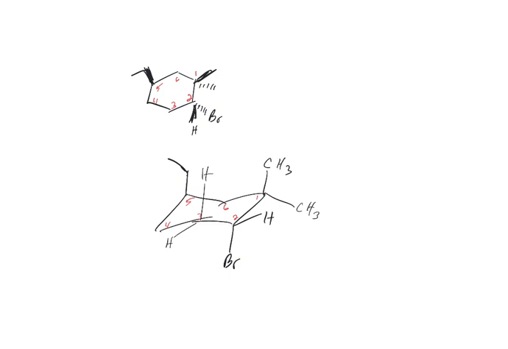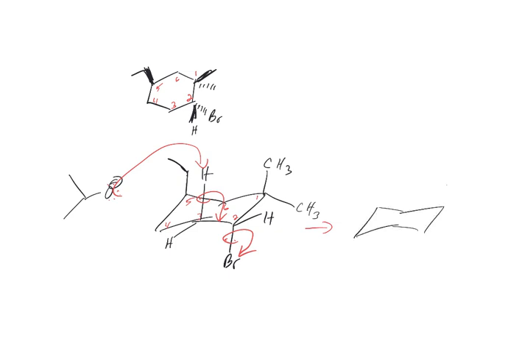So if I drew some imaginary base, it'd go for that H, and that would lead to the pi bond. I can draw it either way, it's fine. The pi bond is now there.